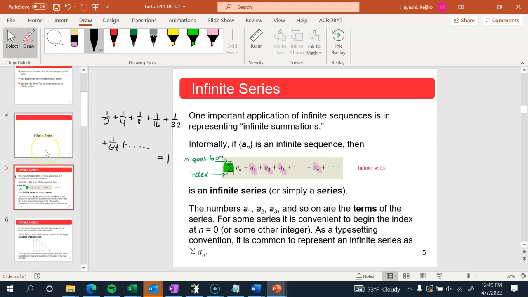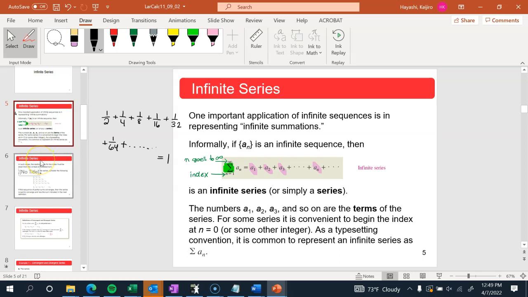But one way to tell whether a series, one of these infinite sums, will equal a finite value or not, whether it will converge or diverge, is to consider the partial sums. Of course, the series itself is infinitely many terms added together.